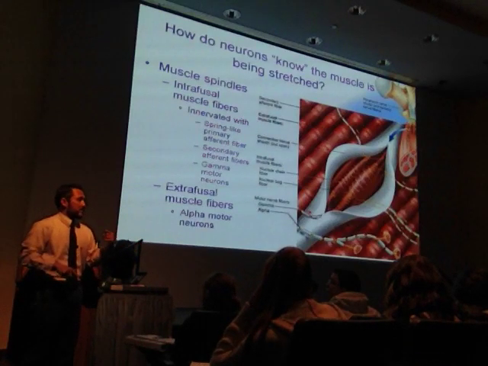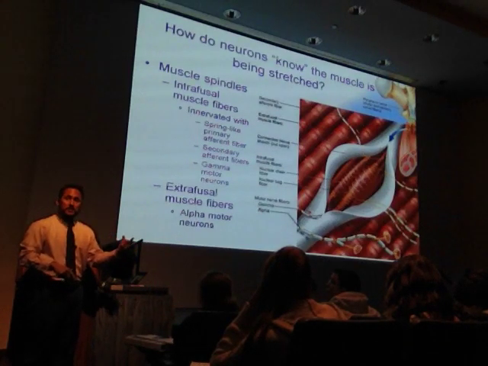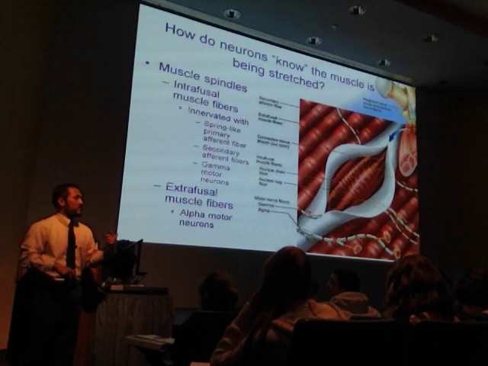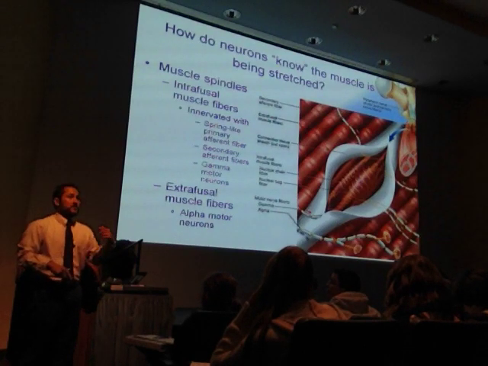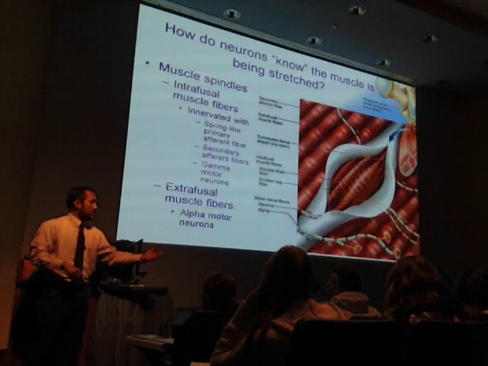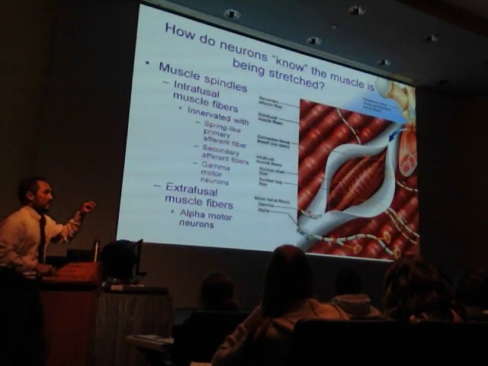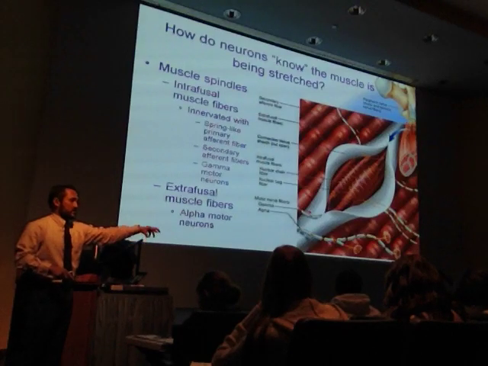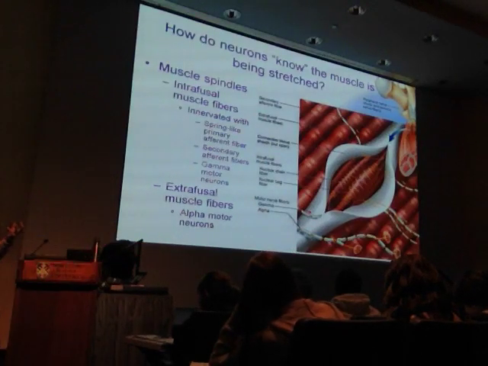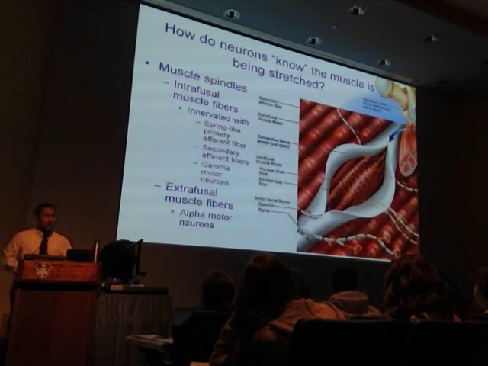Some of them are giving information about oil pressure, some about the temperature of your engine. So that's what these are synonymous with: inside sensory receptors giving you feedback about what's happening. And the feedback is knowing how the muscle's being stretched, or changes in muscle length.